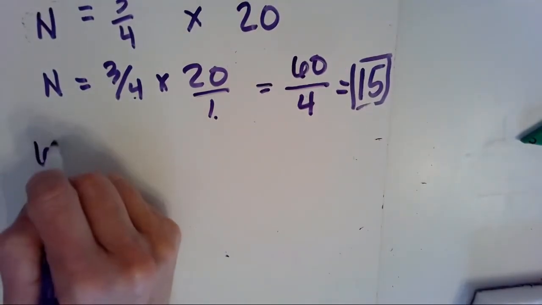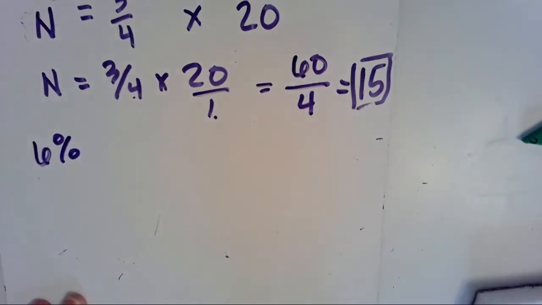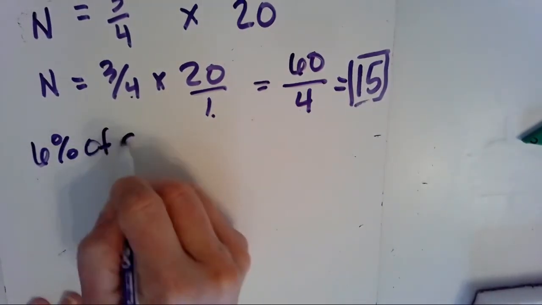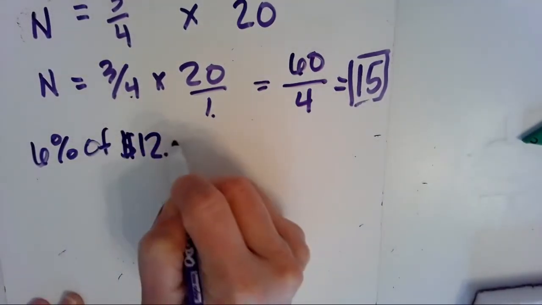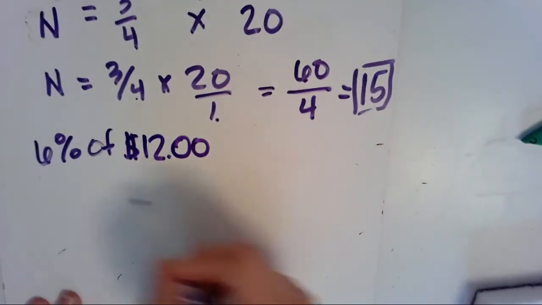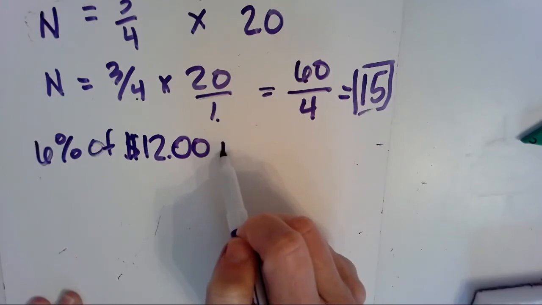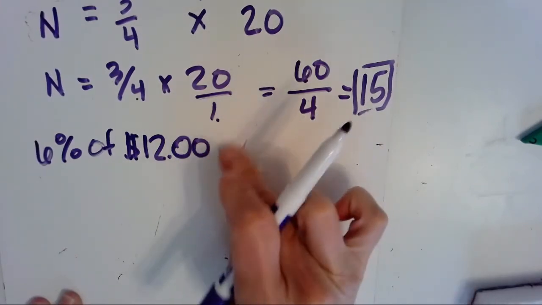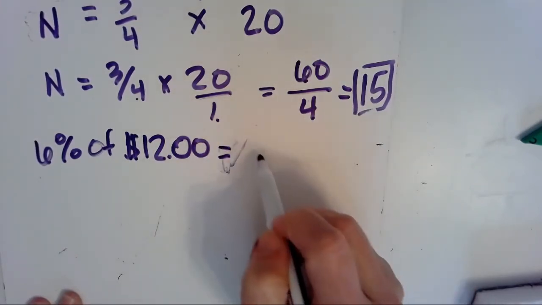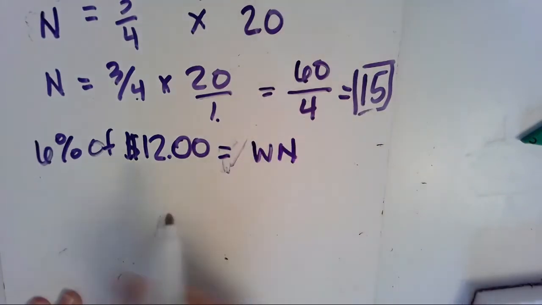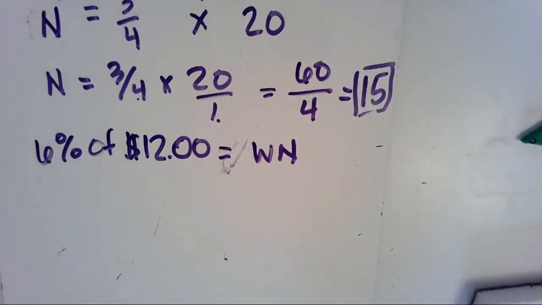Find 6% of $12. There's no is in this equation, so we're going to add it. 6% of $12 is, or equals, what number? So this is in the right order, the order that we're used to.